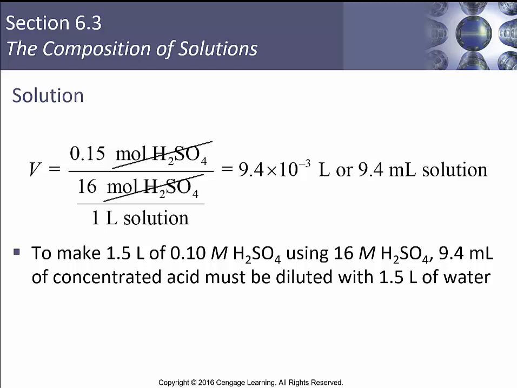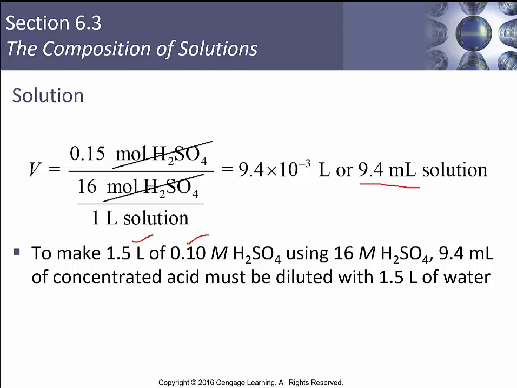And we're going to end up with 9.4 times 10 to the minus 3 liters, or 9.4 milliliters of solution. So to make our 1.5 liters of 0.1 molar H2SO4 using 16 molar H2SO4, we're going to use 9.4 milliliters that we're going to add to the water.